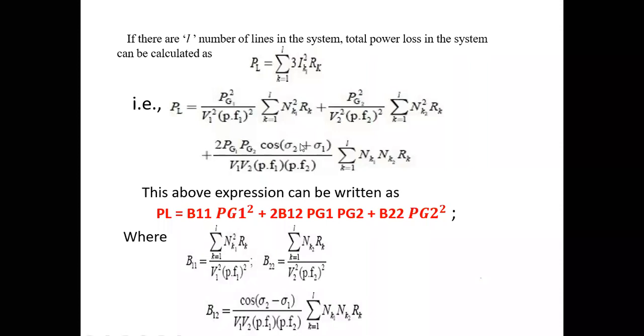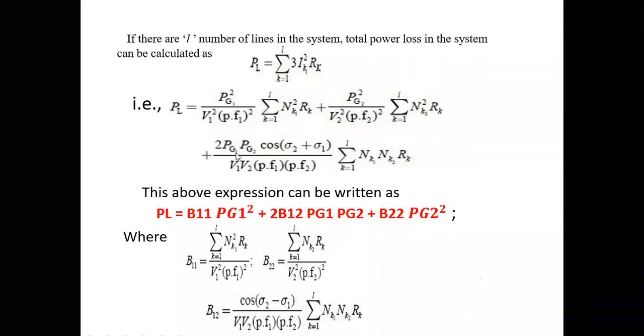So how can we write PL in terms of loss coefficients? For example, when you consider the first term, whatever is there other than Pg1 square is called the loss coefficient and it is represented by B11. Similarly, in the second term, whatever is there other than Pg2 square is called B22.